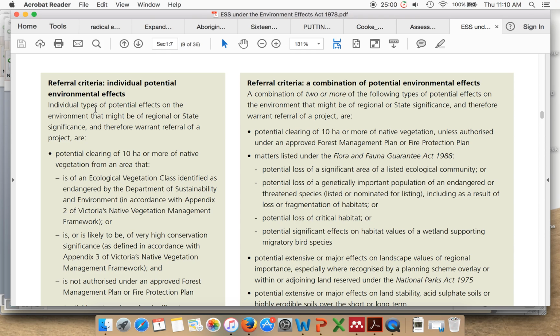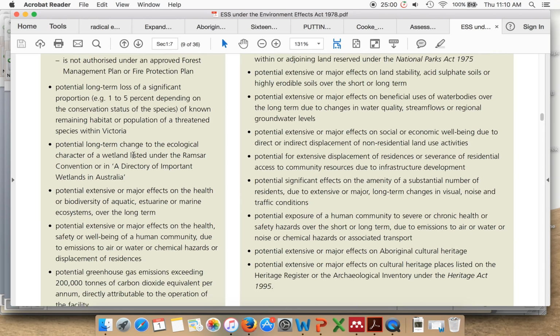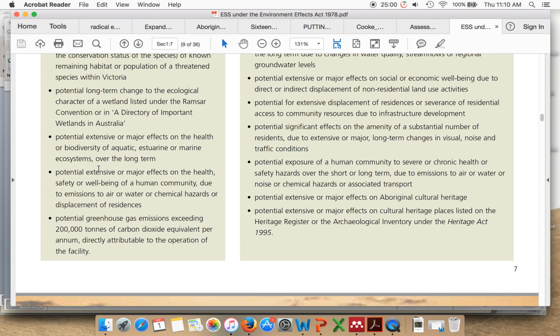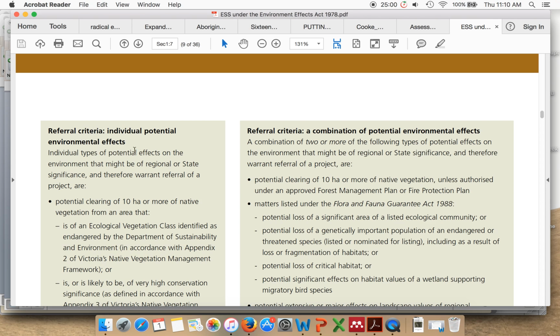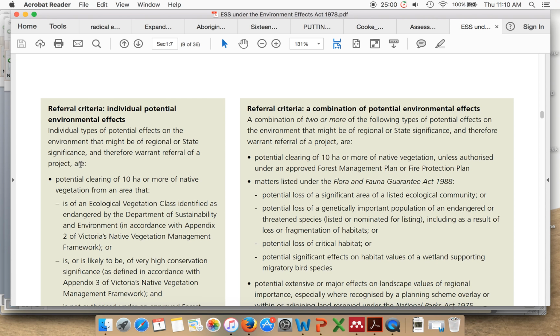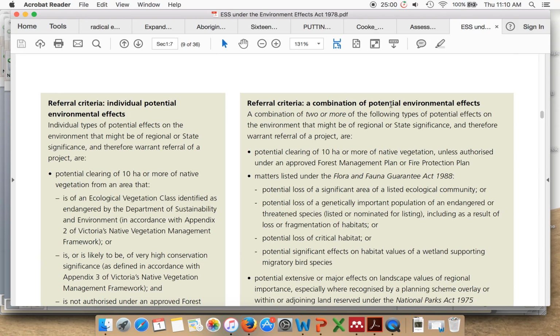But if you look at some of the triggers, some of the referral criteria, again, as we talked about, ecological dimensions often are the most prominent in these, but for these points, sorry, I'll go back to the top, where you only need one potential effect to trigger the need for an EIA, we've got a point on the potential extensive or major effects on health, safety or well-being of a human community. And over here, in this list of a combination of potential environmental effects that might trigger the need for an EIA.